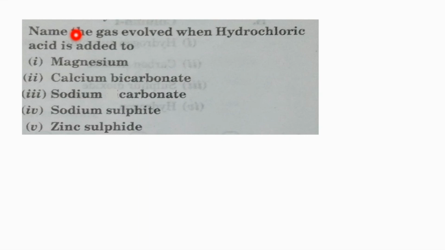Now see the last question. They are asking, name the gas evolved when hydrochloric acid is added to the following. We don't want the balanced chemical equation, but we need to identify the gas evolved. See magnesium. When a metal is reacting with dilute acid, hydrogen gas will be evolved out of the test tube. Then calcium bicarbonate. When it is reacting with dilute hydrochloric acid, which will be the gas evolved?